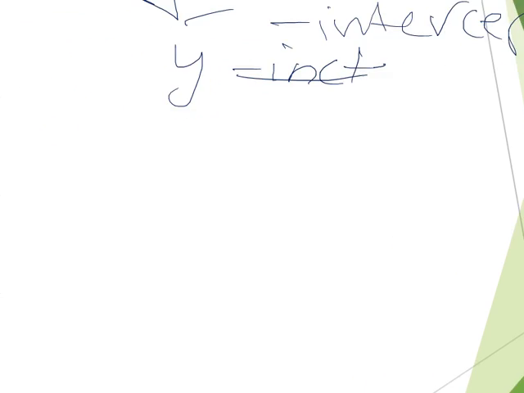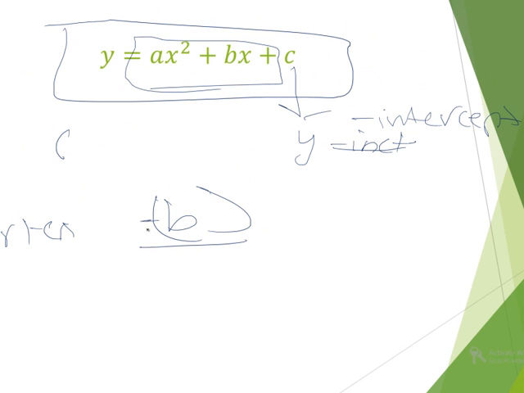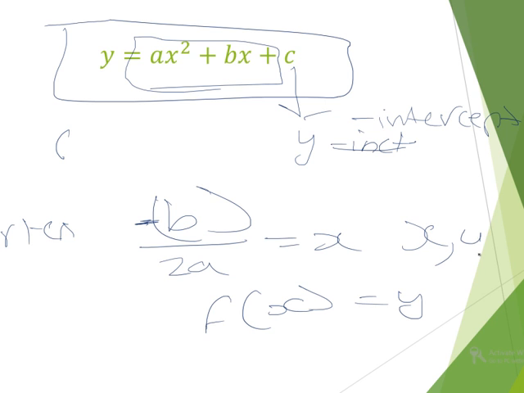For the vertex, we take negative b divided by 2a, which will give us the x, and we plug it into the function, and we'll get the y. So this will give us the vertex.